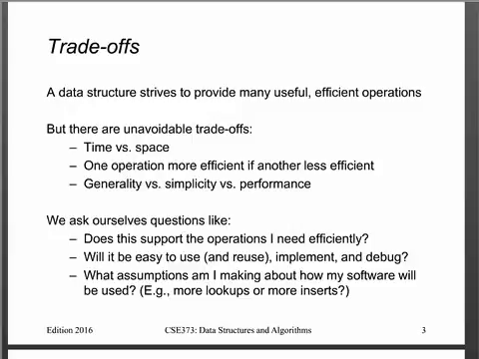We can, for example, advantage some operation. So we want to have, for example, some operation very efficient, even if some other will be less efficient depending on how we choose the implementation. And then we have trade-offs about generality, simplicity, performance.